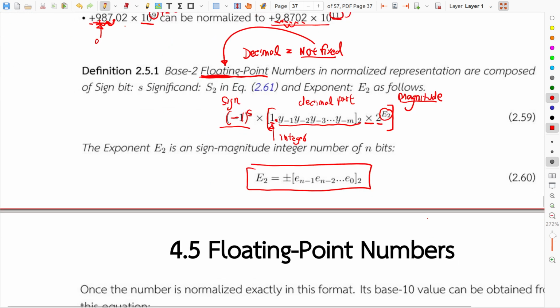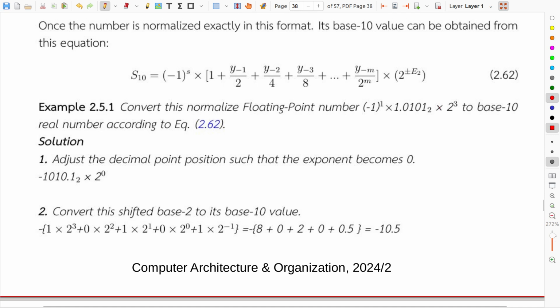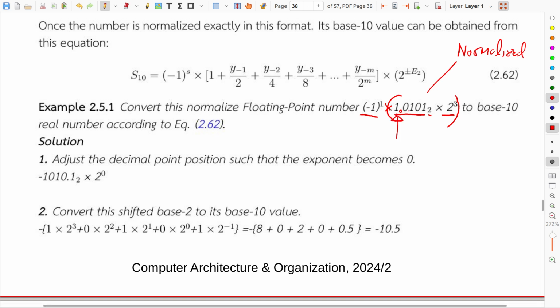Okay, so let's take a look at this example. Minus 1 to the 1 times 1.0101 base 2 times 2 to the 3. If you carefully look at this, this is normalized, because we have a single digit here, followed by a decimal point and a decimal part, multiplied by some base.